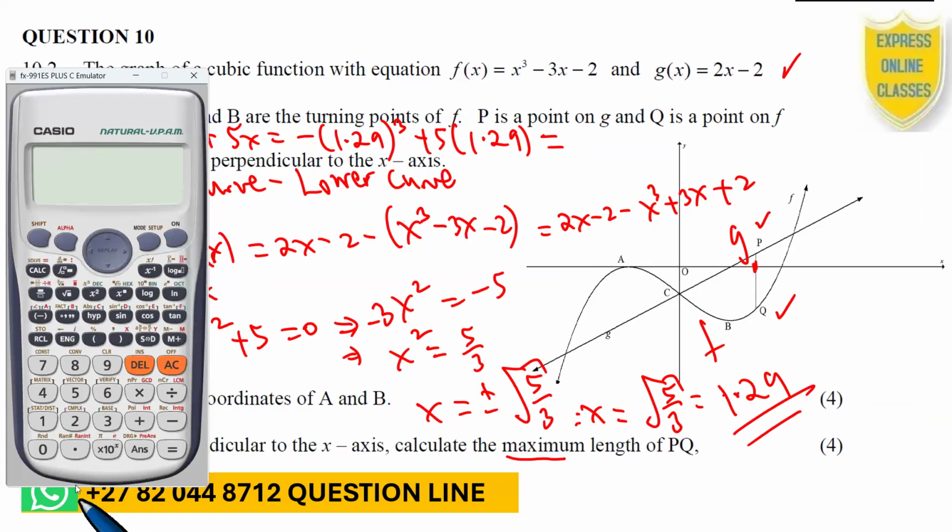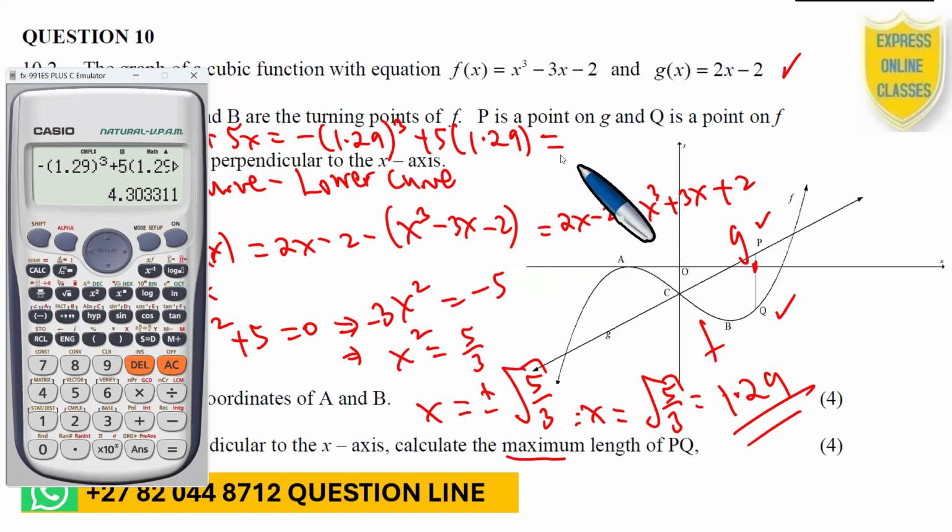Let's just check this out. We cube negative 1.29, we cube, plus 5 times 1.29, and you close, and the result is the following: 4.3 units.